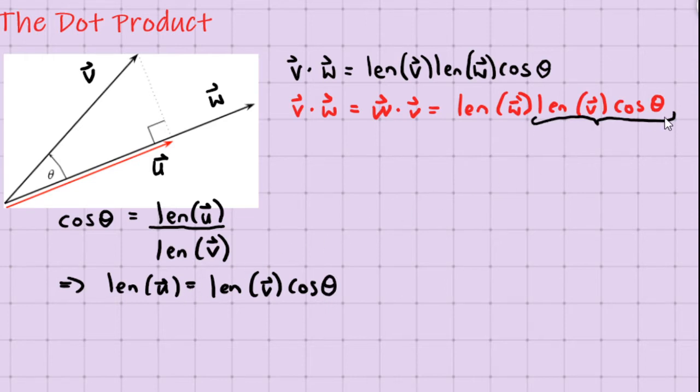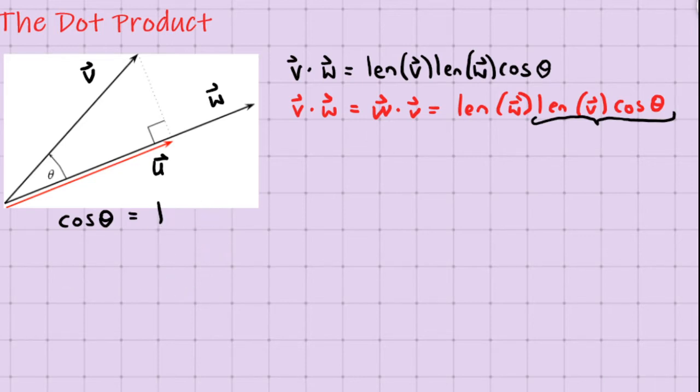So this part of the expression here is the projected length of the vector v onto w, which is the exact same as if you had projected w onto v. So you can think about that separate part of a dot product as a kind of a projection.